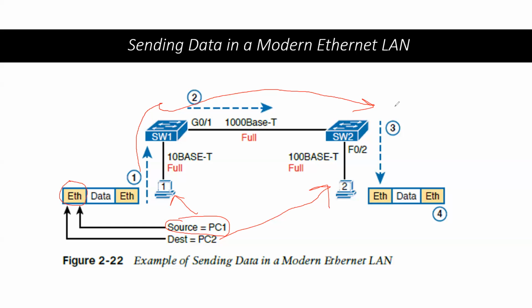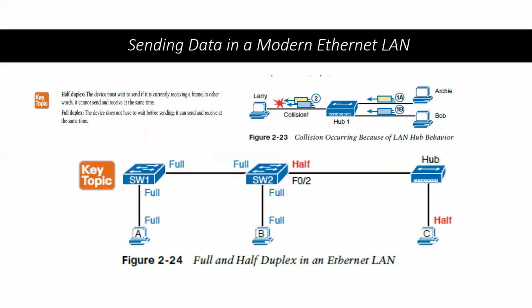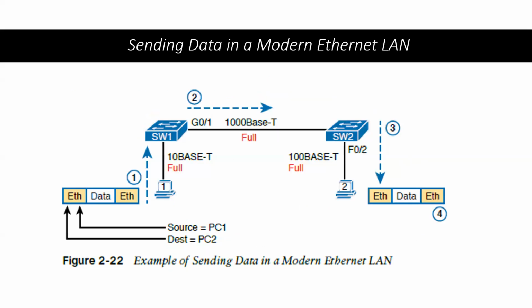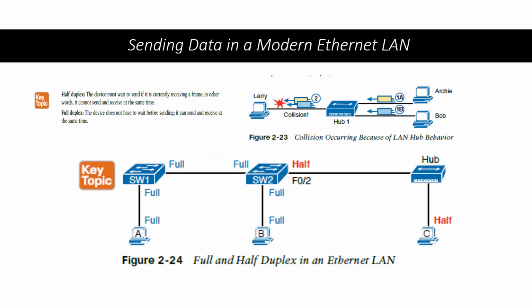Let's say it does know where PC2's MAC address sits. Switch 2 is going to say, okay, this sits off of interface FastEthernet 0/2. I'm going to go ahead and send it here, okay? Simple enough, hope that makes sense. Let's go ahead and clear it. There we go.